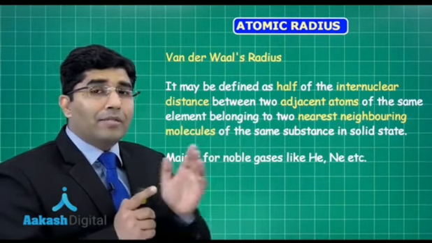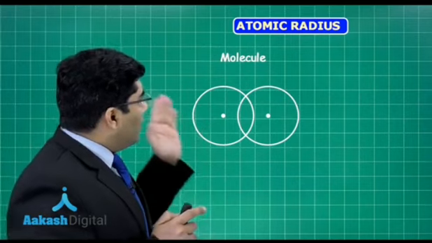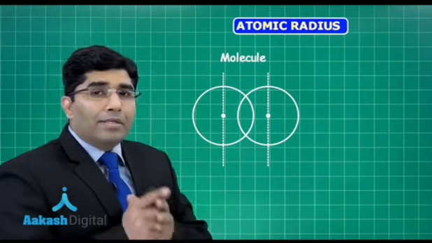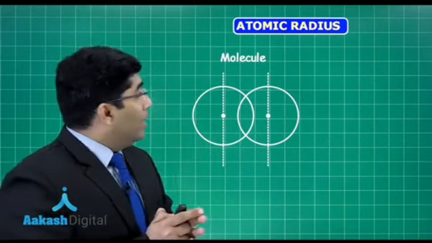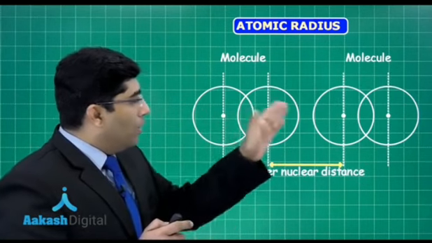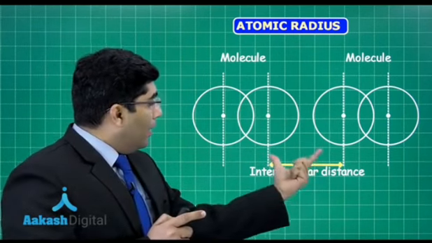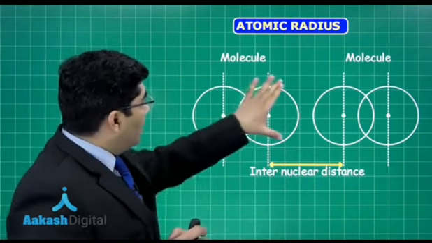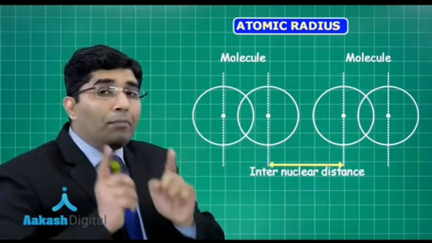Now what is this van der Waals radius actually? For example, this is a molecule and there are two lines passing through the center of the molecule, that is, through the nuclei of the molecule. There is another molecule and there are two more lines passing through its nuclei, and this distance is the internuclear distance, and you can clearly see this molecule and this molecule are both neighboring molecules.